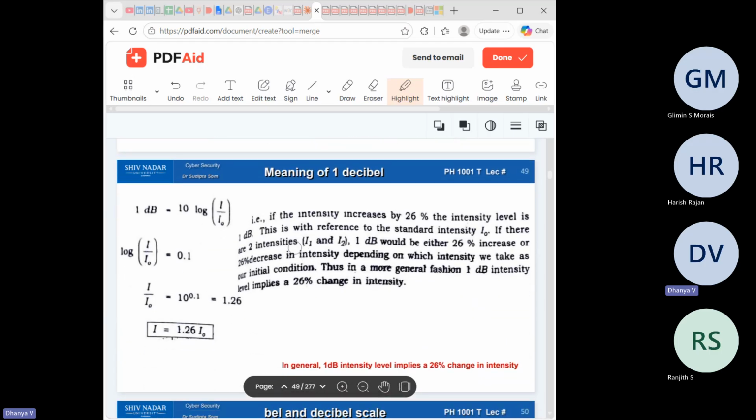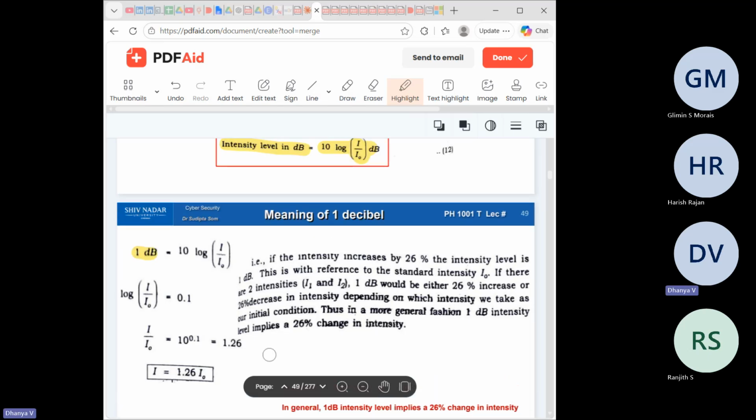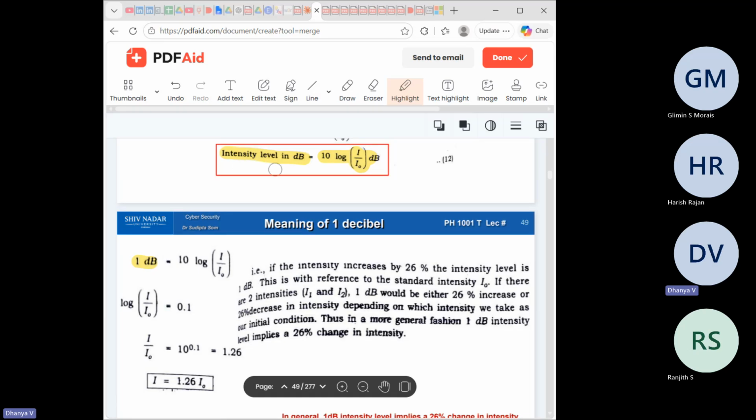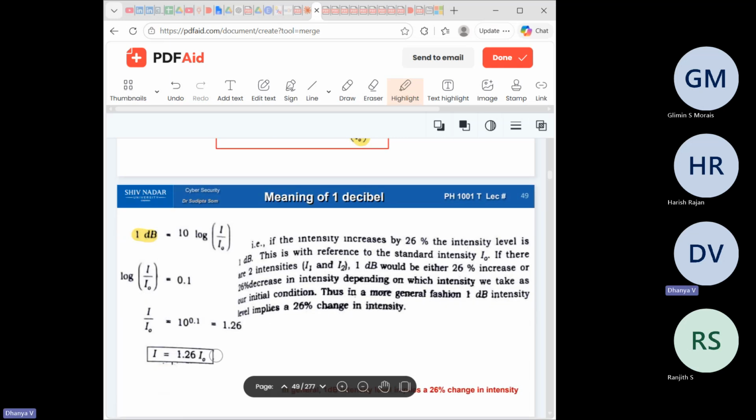Okay. So here, what does one decibel exactly mean? Is what they're showing here. Okay. So in the intensity level, they're substituting 1 decibel, and then they're finding the anti-log, and hence finding this. So it tells that 1 dB intensity level implies a 26% change in intensity.